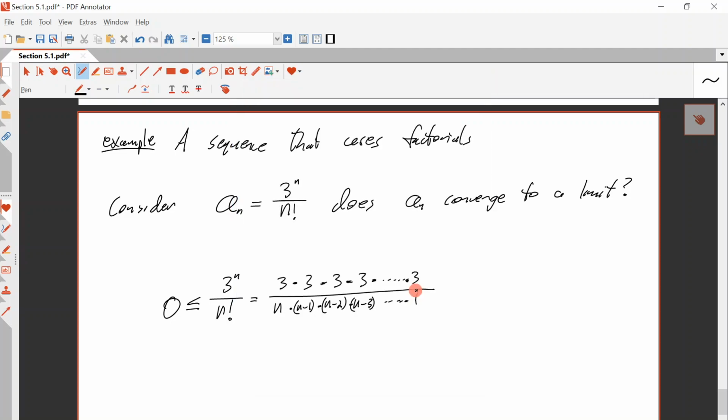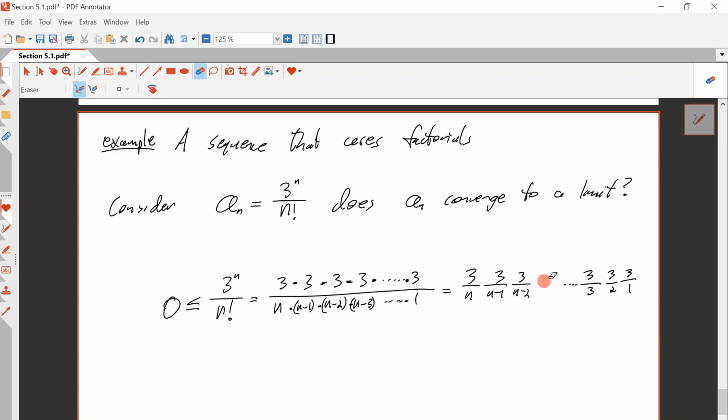So let's take this product and break it up into single fractions: 3 over n, 3 over n minus 1, 3 over n minus 2, like that, all the way down to 3 over 3 times 3 over 2 times 3 over 1.